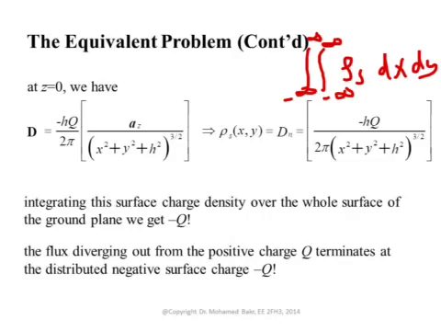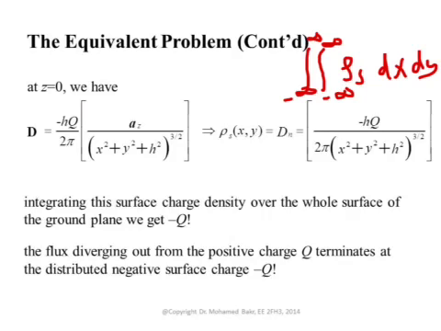The book shows details of this integral. You have to convert to polar coordinates, so x squared plus y squared becomes rho squared, and you replace dx dy by rho d rho d phi. Your integration will be rho from 0 to infinity and phi from 0 to 2 pi.